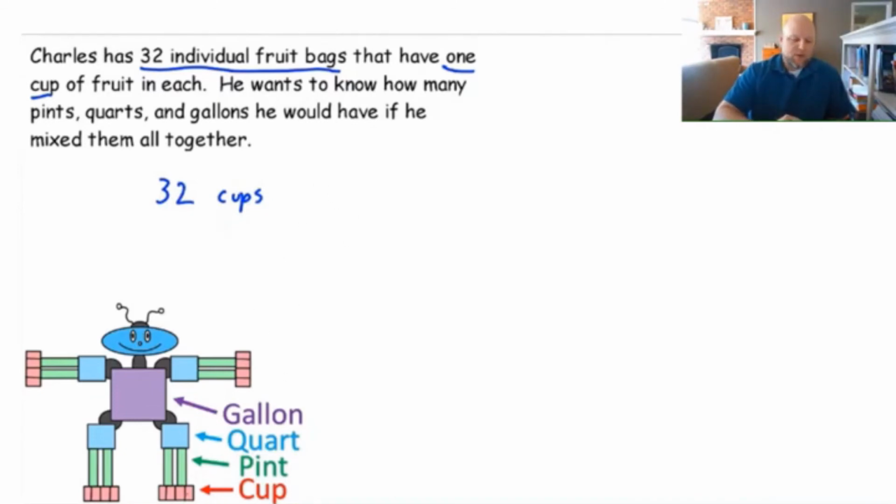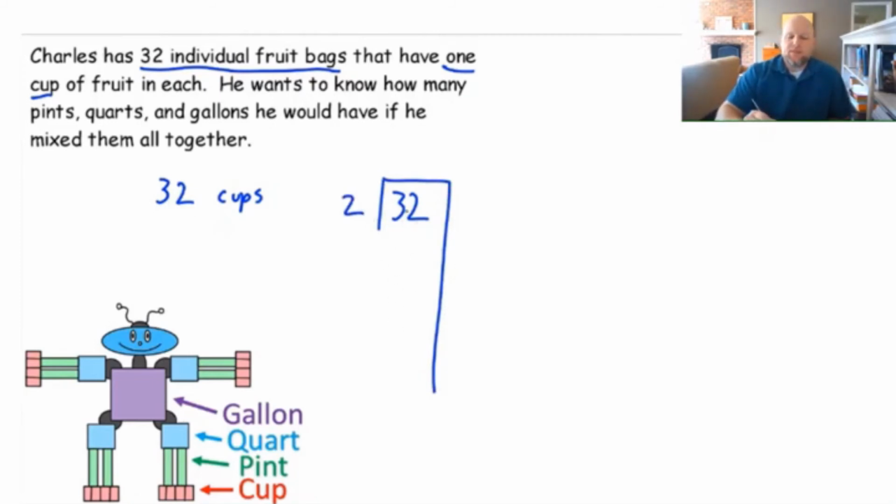So let's figure out our pints first. Now, since we're going from cups to pints, we have to divide. So we take 32 cups and divide it by the amount of cups each pint has in it, like this, and we'll be able to figure out the answer.